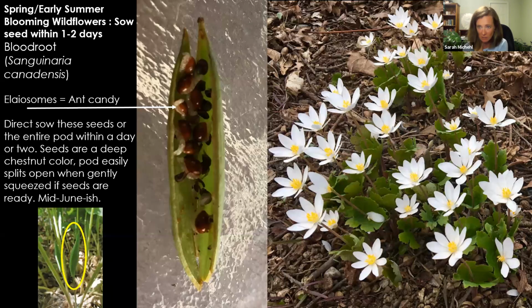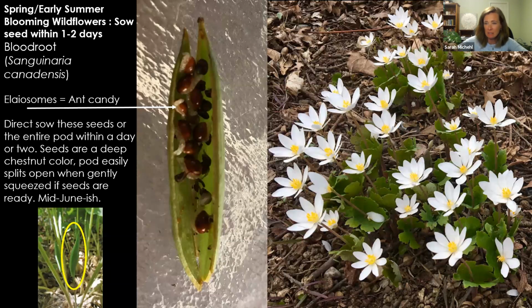Ants want the elaiosome. So one ant is going to take one seed in its jaws, and the species of ant matches the size of that particular seed from bloodroot, super cool. And it's going to take that seed down into a tunnel and underground, and it's going to eat the elaiosome, and it's going to throw away the seed.